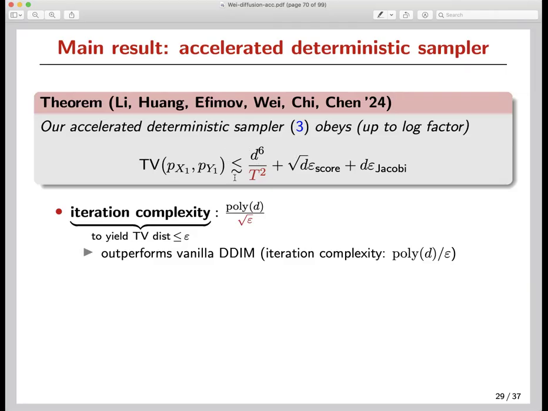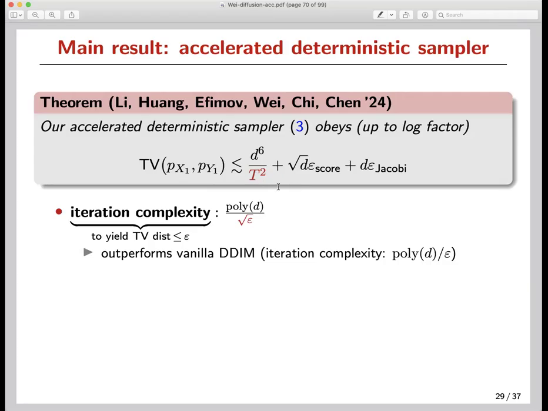You can see now that the leading order, the first term, depends on t squared instead of 1 over t. Remember that for our previous theory on DDIM, the TV distance is bounded by d over t, whereas now we get a t squared dependence.